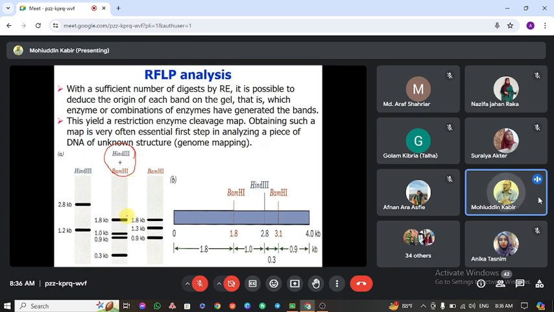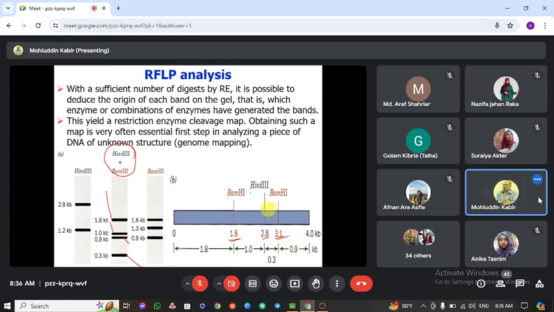And in the agarose gel, we get 4 bands. Analyzing these 4 bands, we can easily pinpoint the location of all these restriction sites.